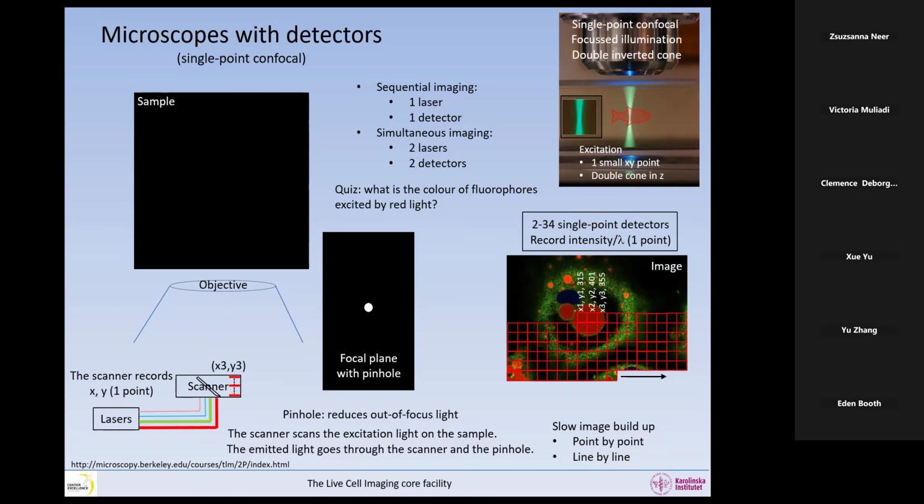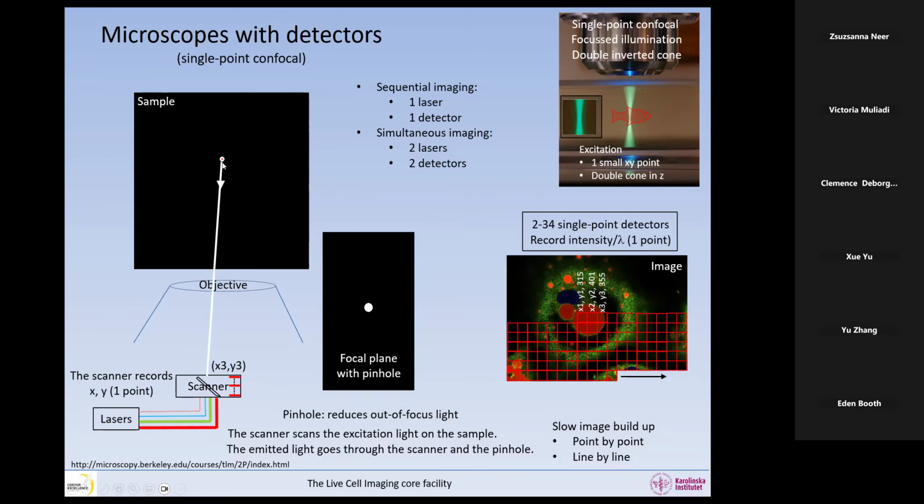Between the red and the infrared we still have quite a bit of space. Infrared and UV are outside the visible range. A red laser is about 640 nanometers or so, and so we have the far red, which is still inside the visible range. So it would be a far red fluorophore that is excited by red light.